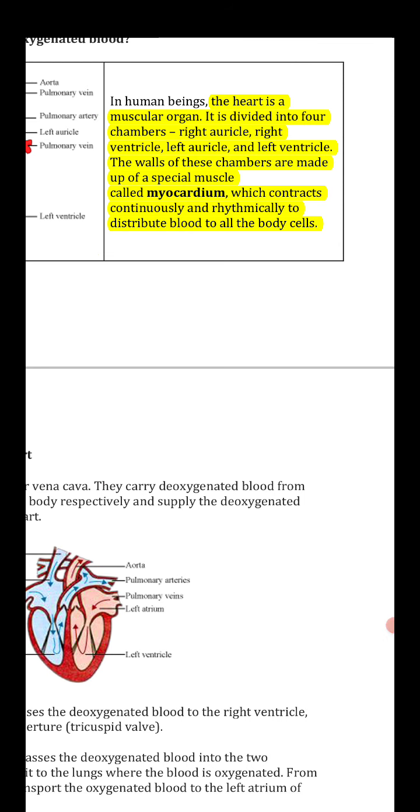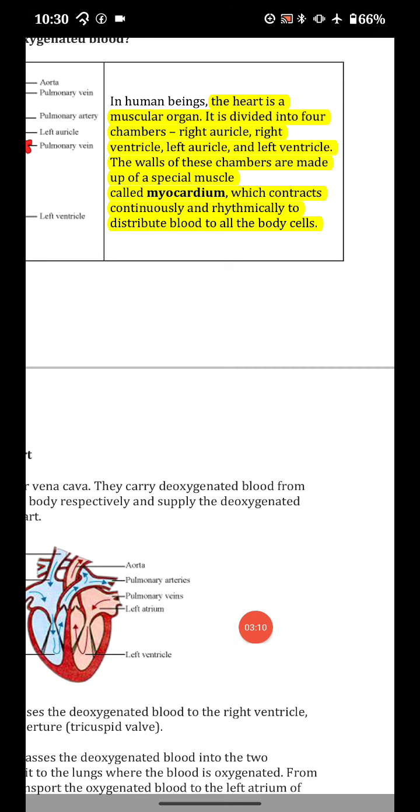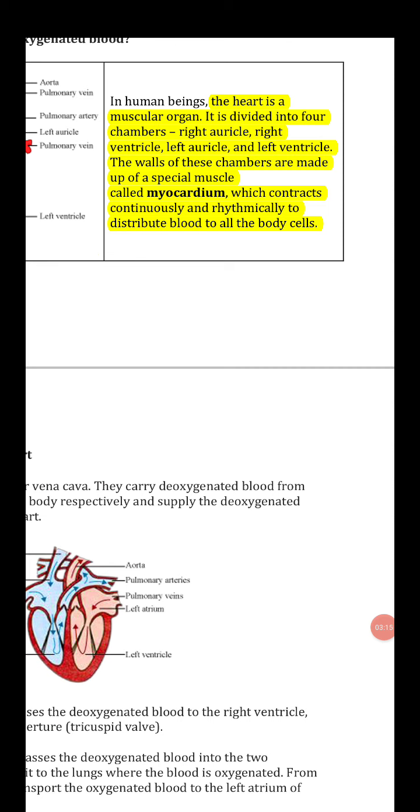And what is their specialty? They contract continuously and rhythmically to distribute the blood to all the body cells.